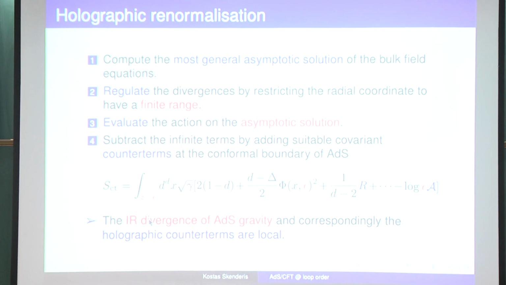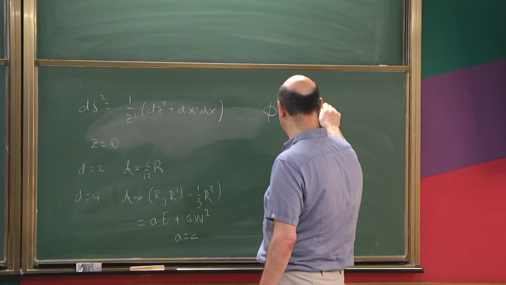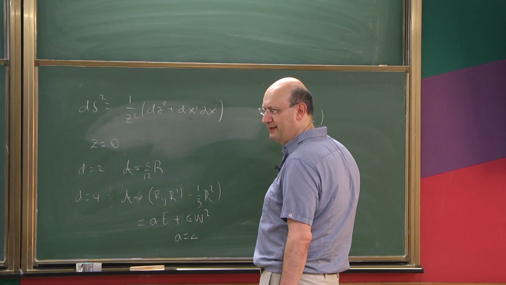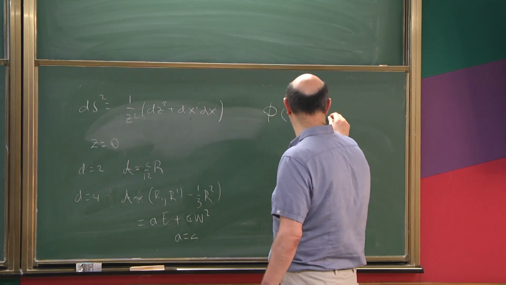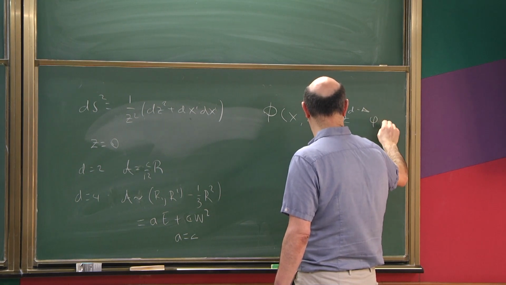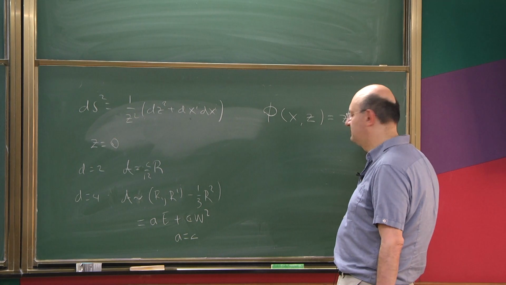So I have a field phi that depends on x and on z. I will have a formula later on for the asymptotic expansion of this, but maybe I can even write it now. It's z to the d minus delta times the source.